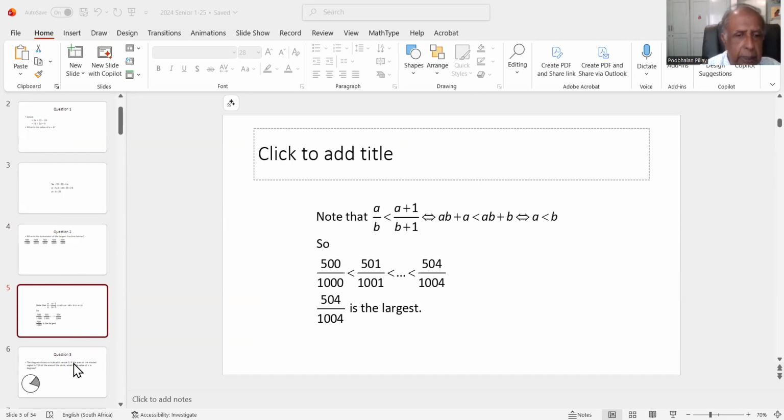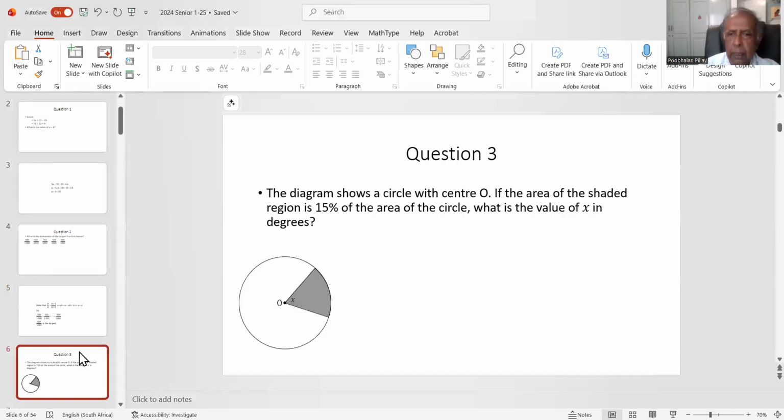Okay, the next question is this one. It shows you a circle, and it says that the area of the shaded region is 15% of the area of the whole circle. And the question is, what is the value of x? X is the angle in between, at the center.